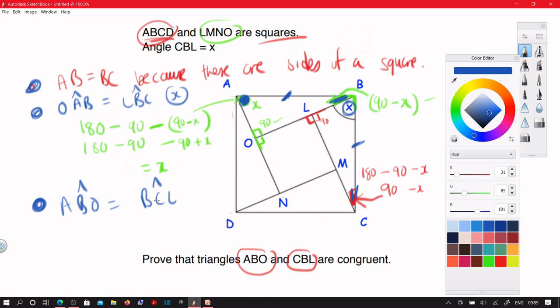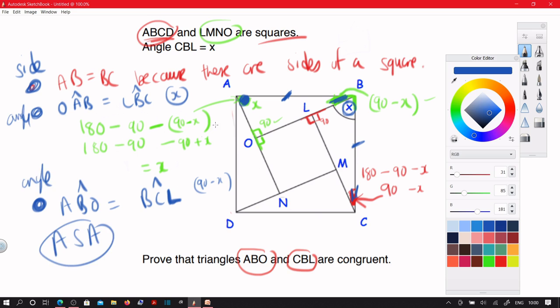This is 90 minus x. So what we've established here is angle, side, angle. So congruency is proved due to angle, side, angle. And here's all the working out.